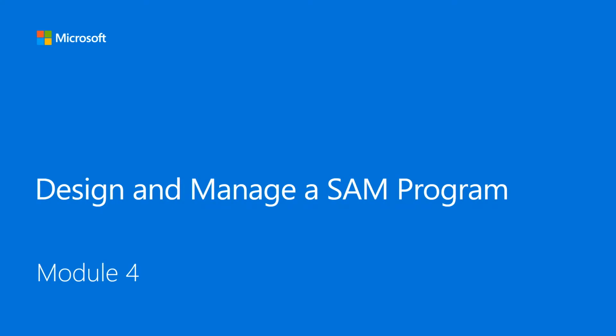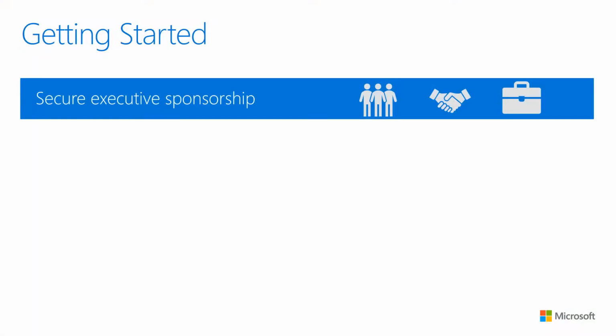As we've said, this module is all about getting a SAM program up and running in an organisation and maintaining and improving it into the future. So the first step is to secure executive sponsorship for the SAM program. This will include identifying stakeholders and creating proposal materials to ensure that there's explicit executive authorization for the SAM infrastructure with policies and overall corporate governance.